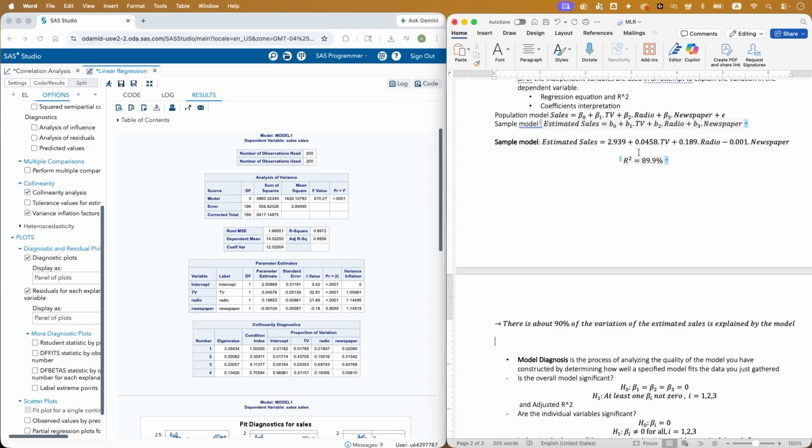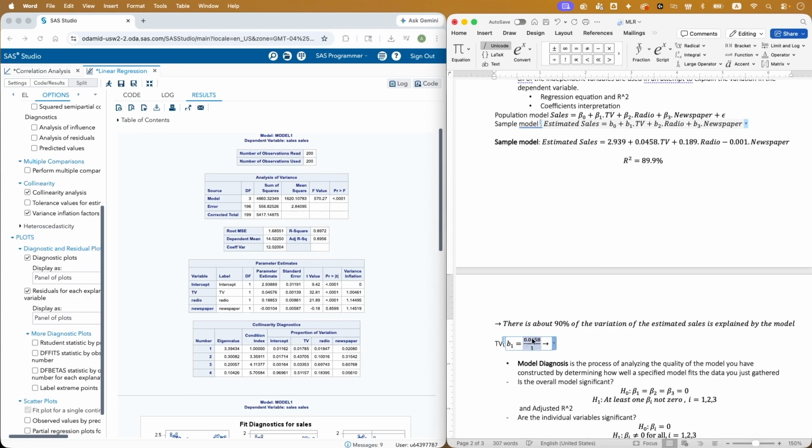So for the TV, we have B1 approximately equals 0.0458. What does this mean? This is a very simple mathematical concept. This is slope. Slope in mathematics means delta y over delta x. So the change of y over the change of x is over 1, right? So the change of sales over the change of the TV.